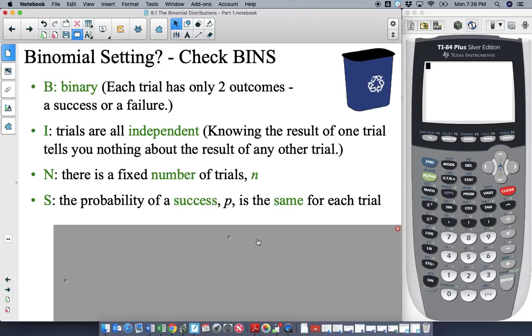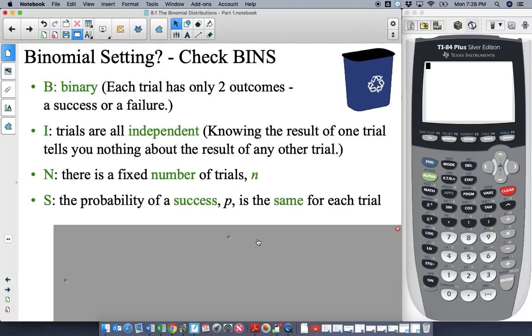And S, the probability of a success, which is called P, is the same for each trial. So if a situation is indeed binomial, then all of these BINS will check. And if they're asking us whether or not a situation is binomial, then we would have to state all of these to prove something is binomial.